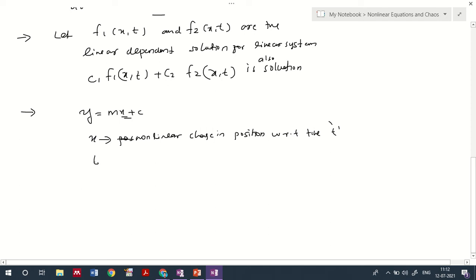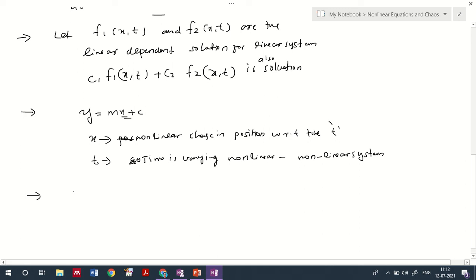Similarly, if the time is varying nonlinearly, in that case also we can call it a nonlinear system, okay.